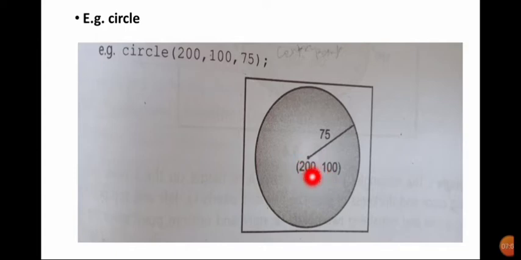This is x coordinate and this is y coordinate. So your pixel center is fixed here at this point on your screen. And the circle can be drawn with the radius of 75. Hence from this center, by taking this distance of 75, the circle can be drawn on your monitor or display that you are using for your programming. So this is the example.